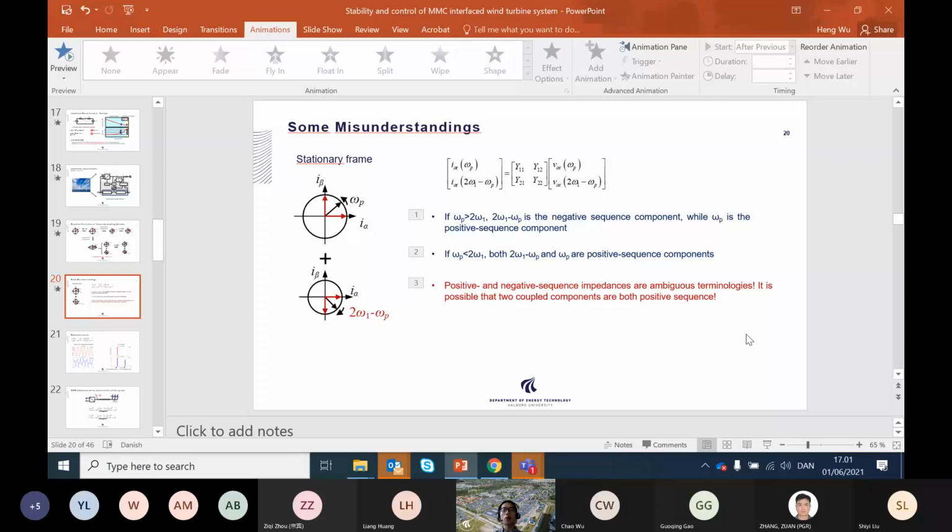I agree. But the problem is that it makes a lot of confusion for the power system community, because the sequence impedance defined in the power system community is exactly what I showed here, and as you also agree, that is not the case here. Although maybe a small group of researchers in the power electronics community note that this negative sequence is not exactly the negative sequence defined in the power system textbook, power system engineers, or even some power system researchers, don't know this.